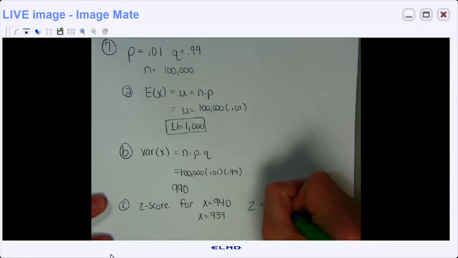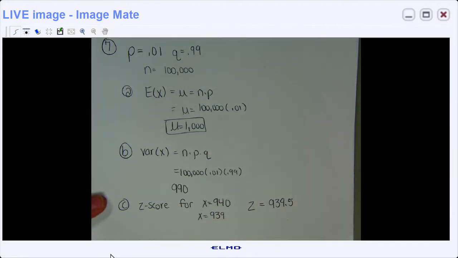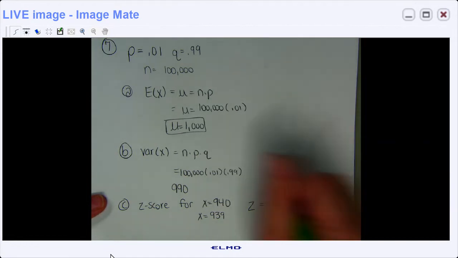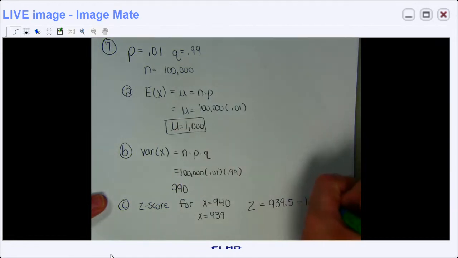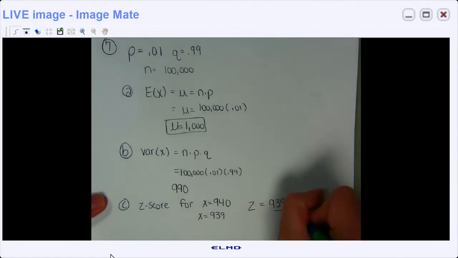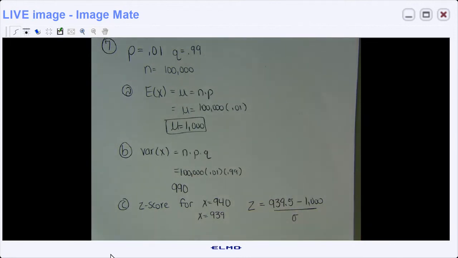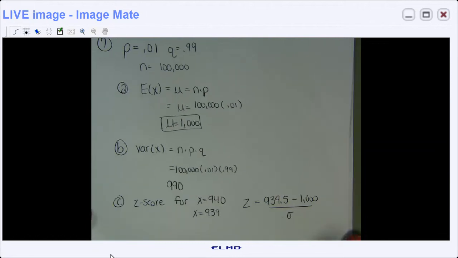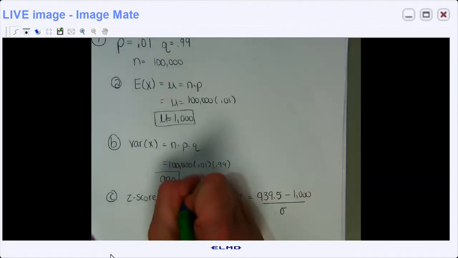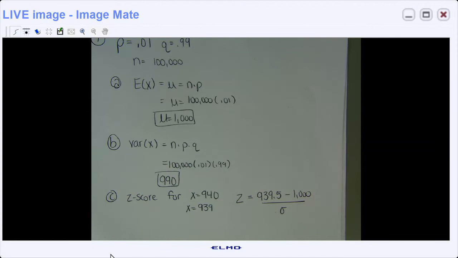So we're actually doing 939.5 minus our mean, which is 1,000, divided by our standard deviation. But we don't have our standard deviation yet. We calculated our variance up here, and in order to get our standard deviation, we just have to take the square root of that.